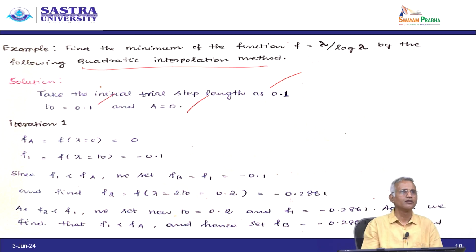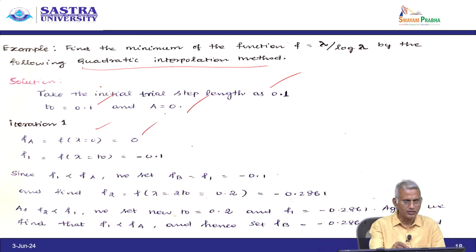So, FA equal to F of x equal to 0, which is equal to 0, and F1 equal to F of x equal to T naught, where T naught equals 0.1. Substitute F equal to 0.1 by log 0.1, which is equal to minus 0.1.